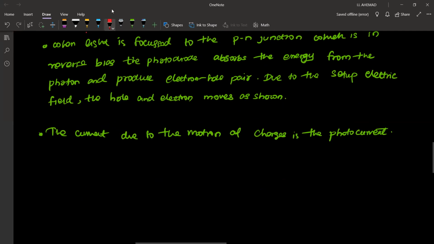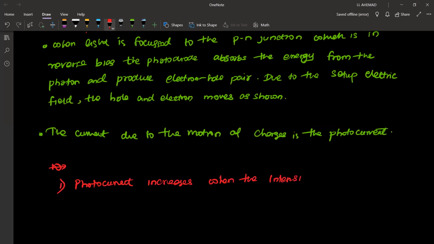Photocurrent increases when the intensity of light increases.